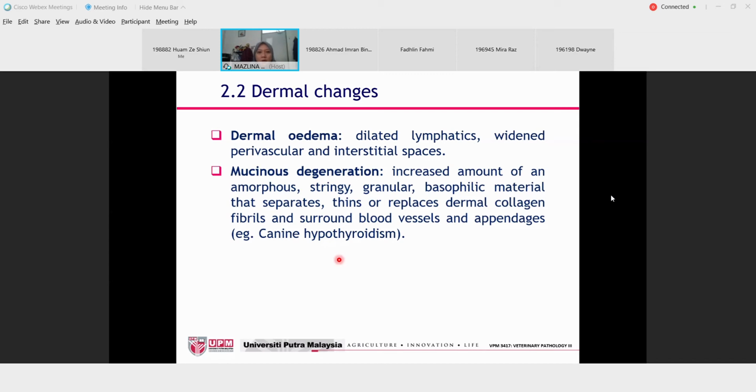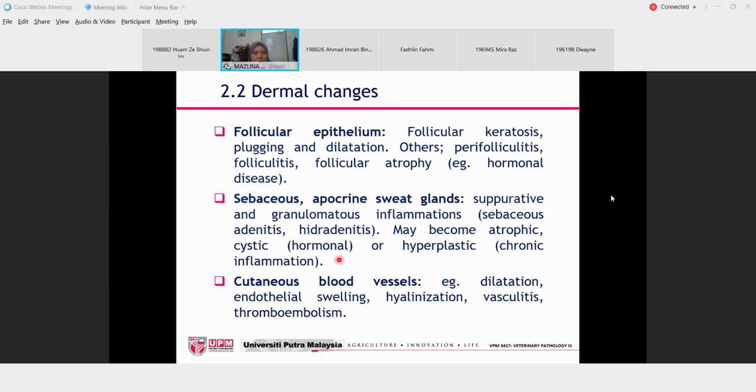Alright, now we look at the changes that might affect the follicles or hair follicles in the dermis. The follicular epithelium can also be affected. You see follicular keratosis, maybe plugging of the hair follicle, or even dilatation of the hair follicle.